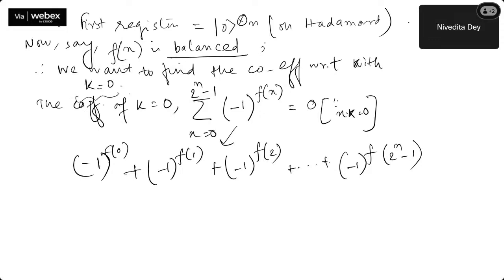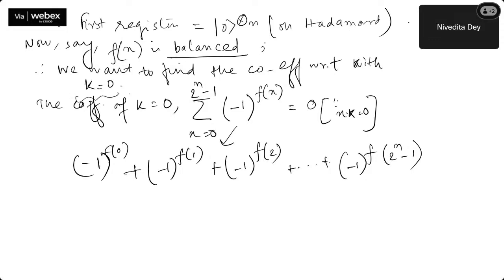Now, f0, f1, all these things have values either 0 or 1, right? It's a balanced one also, and since it is balanced, the number of zeros and ones are exactly equal.